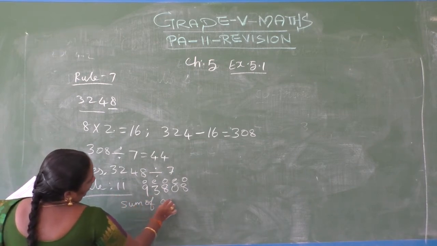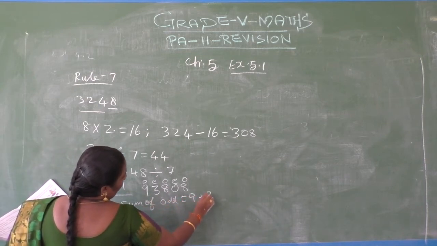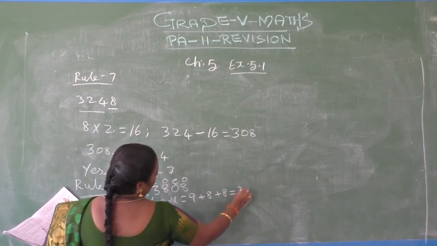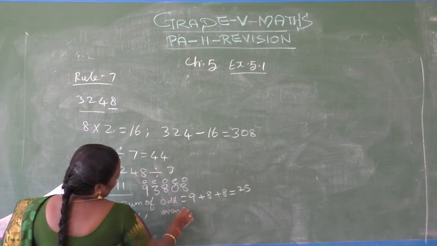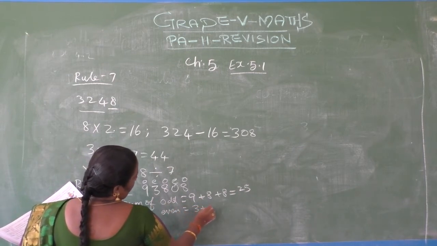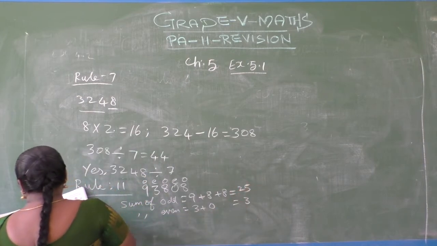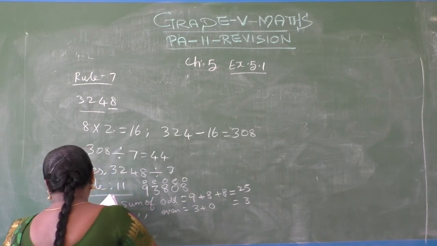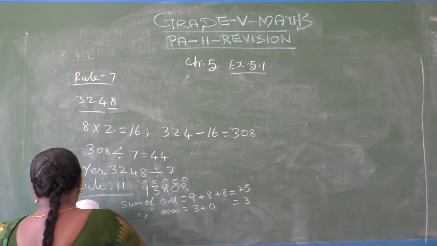The sum of the odd places is 9 plus 8 plus 8. What will come? 25. Then the sum of the even places. The even places are 3 plus 0, so 3.